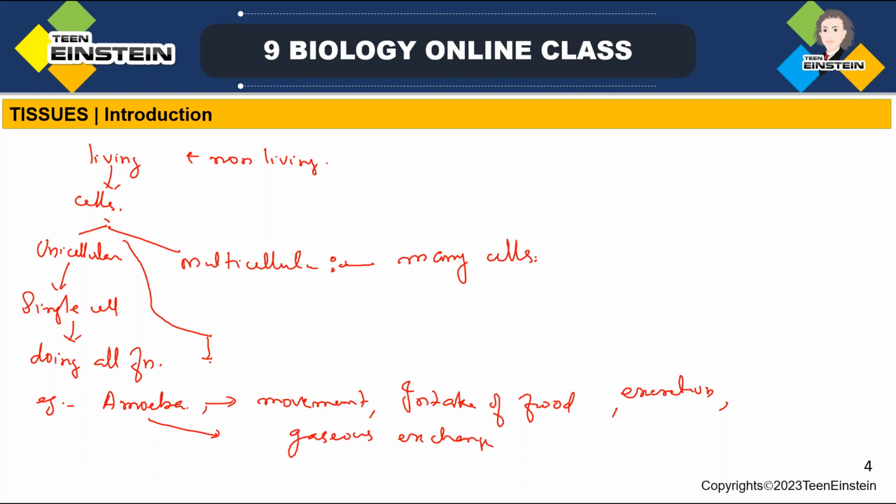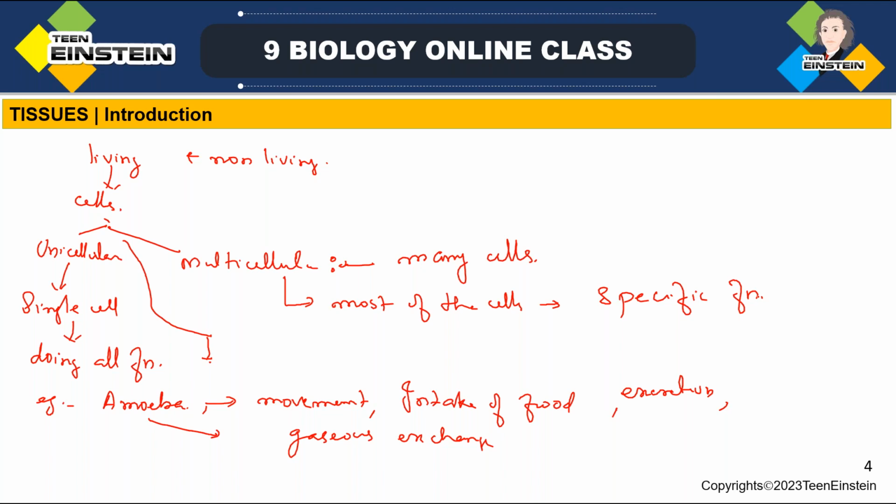Most of the cells in a multicellular organism are specialized to carry out specific functions. Their function is specific; each and every cell won't carry out all the work.